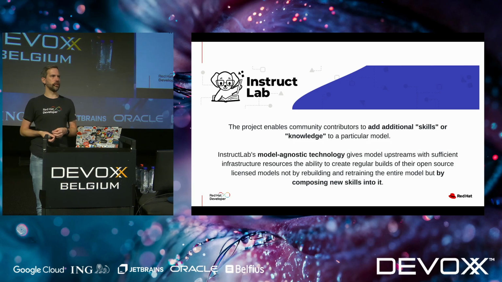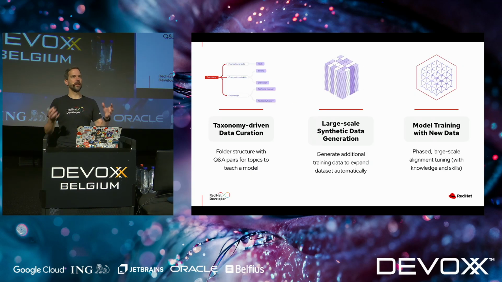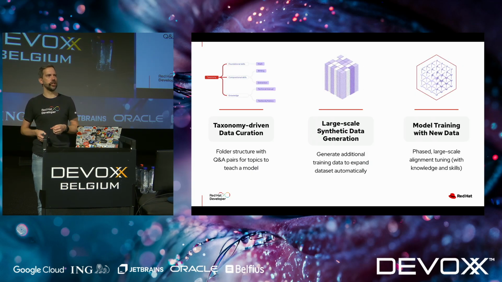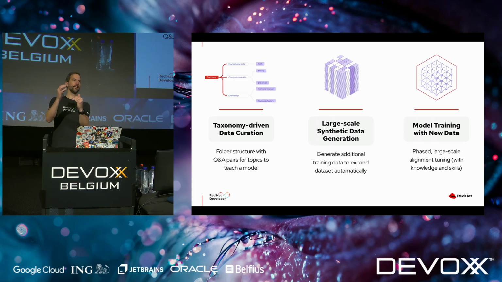The idea with InstructLab is that you have this taxonomy-driven data curation where you basically have a folder structure of different areas of knowledge, and then you can add your own data to it by creating a YAML file that has some specific data about your use case.